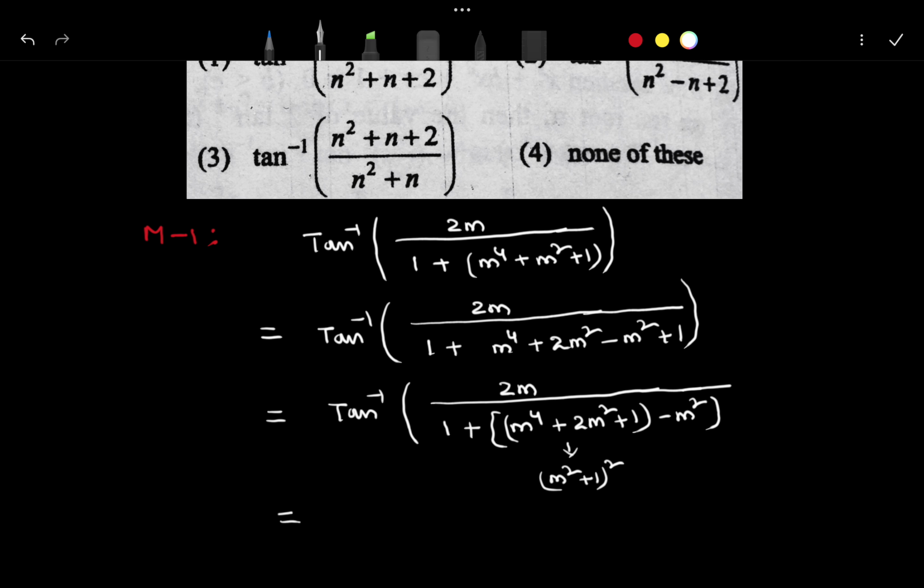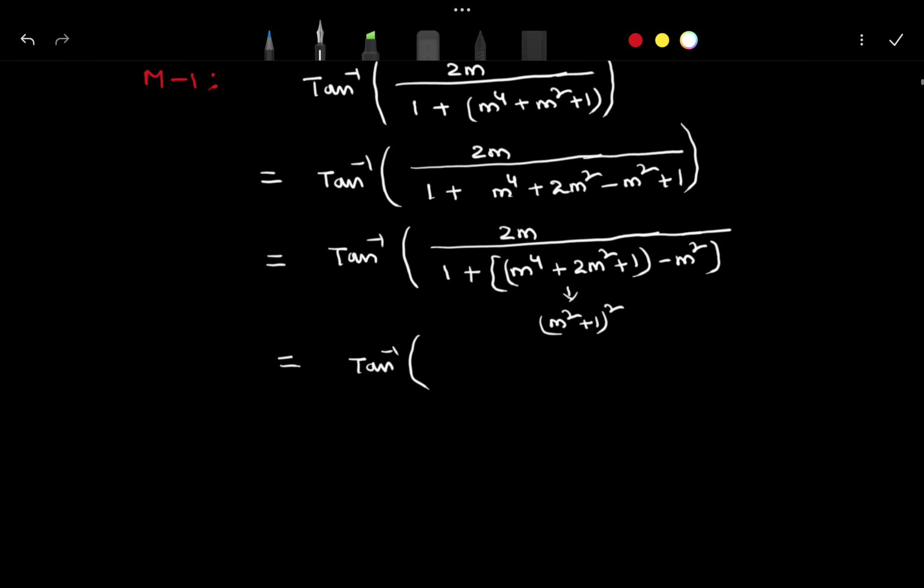Now you can write tan inverse of 2m whole divided by 1 plus m square plus 1 whole square minus m square. Now it is in the form of a square minus b square, right?